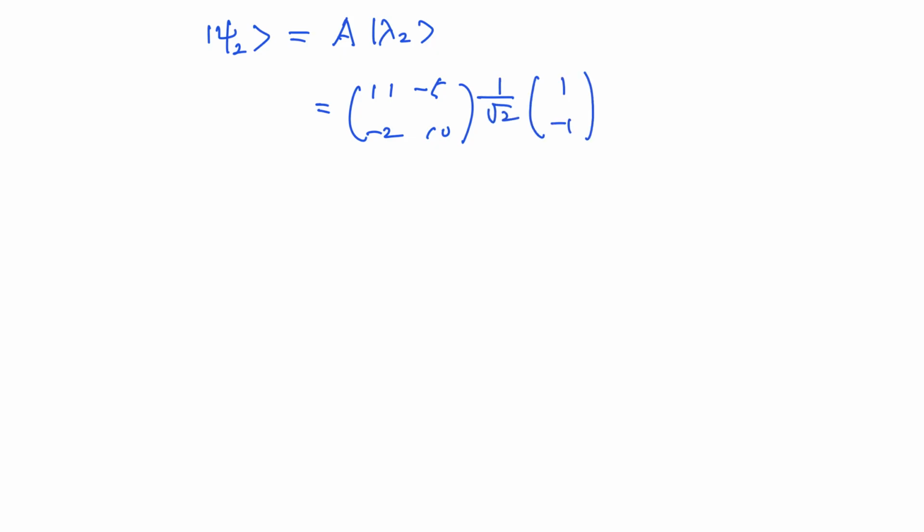Psi 2 is A times lambda 2: [11 -5; -2 10] times 1 over square root of 2 times (1, -1). 11 plus 5 is 16, right?